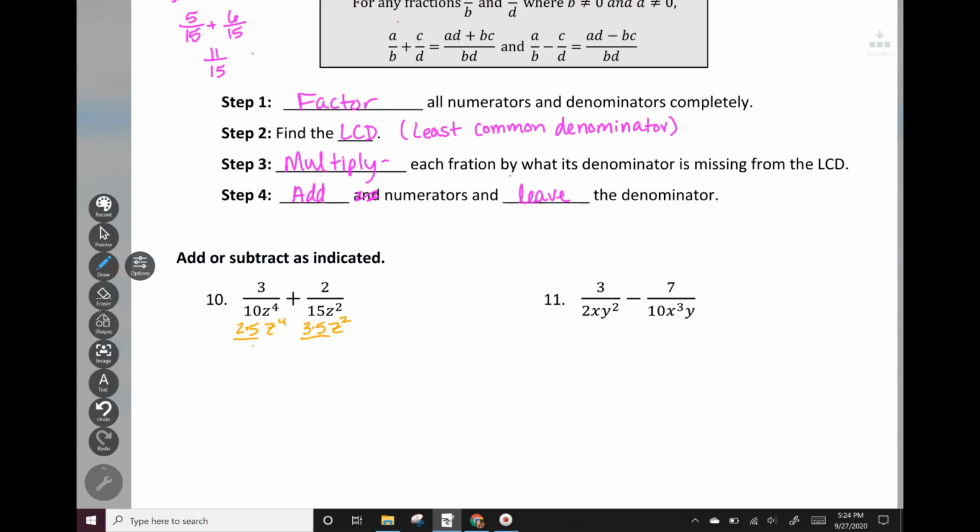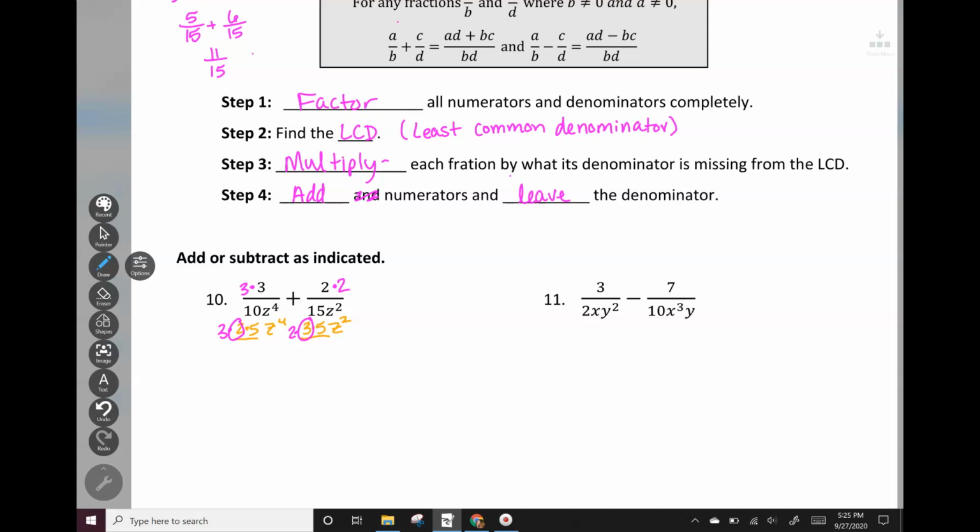Well, it has the 5, but it doesn't have this 3. So you have to multiply by a 3 here so that they'll match. And then likewise, this first one has a 2. The second one doesn't have that in the denominator, so I would need to multiply by a 2 here for them to match.